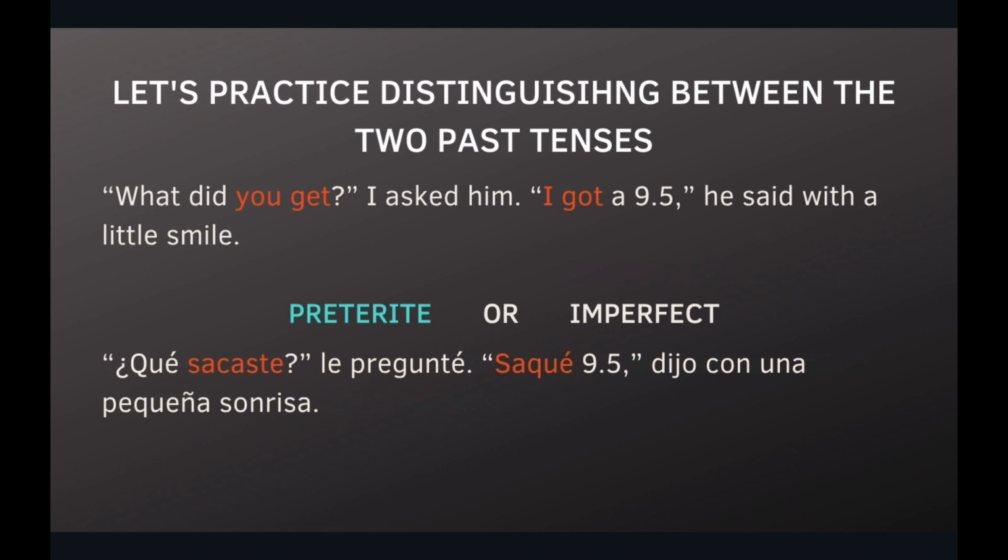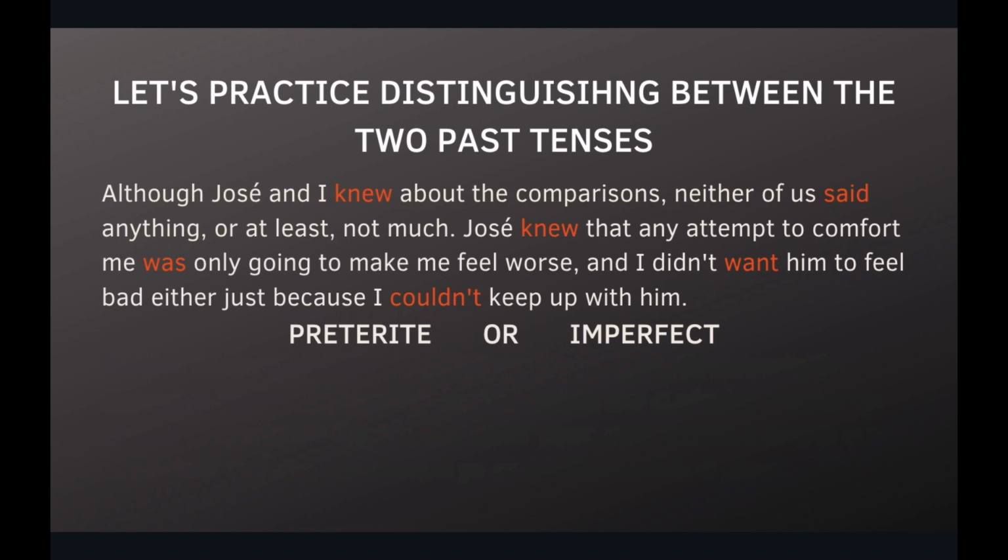Here's another one. And all of our highlighted verbs here are in the same tense, so see if you can pick up on it. Think, are we talking about one event or are we describing things that typically would happen?